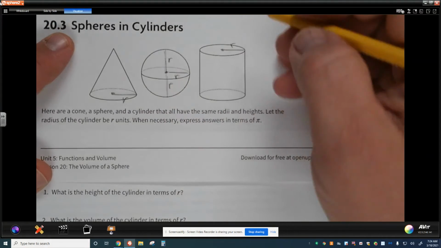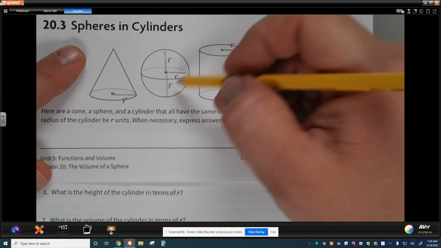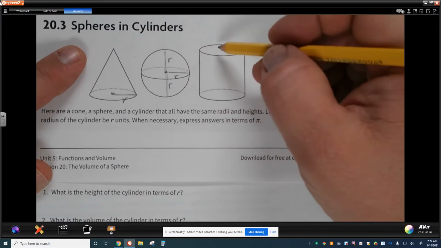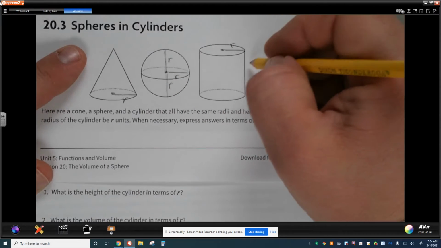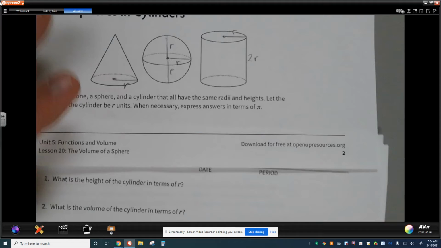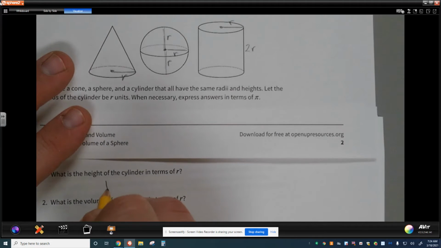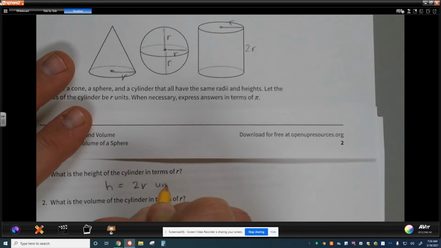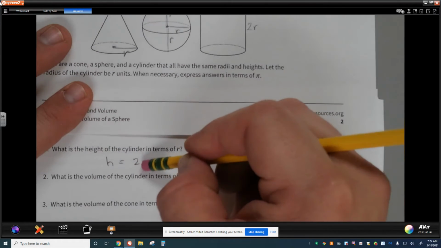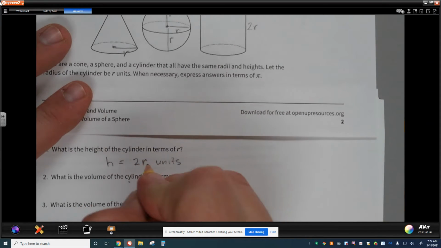Based on this height of a sphere that's the same height as a cylinder, we find out that it's twice the radius. So the height is going to be 2r units. In terms of r means that's what we need to have as an r in the value.